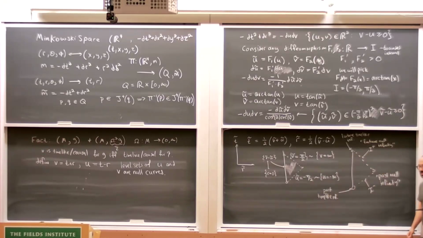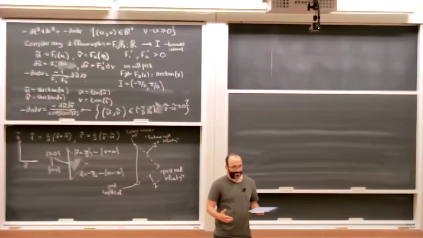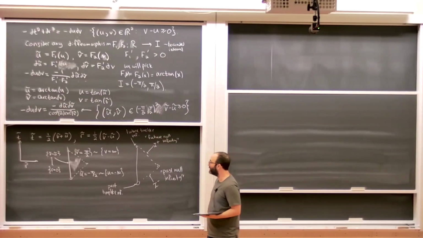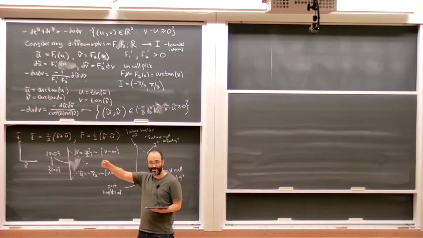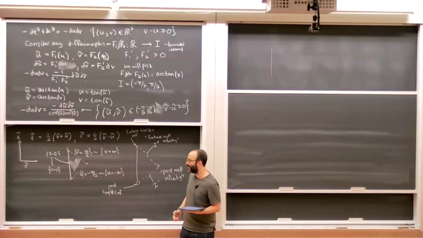Okay. And one thing that you can check, for example, these names are very suggestive. If you consider any null curve, let's say, for concreteness, take a null geodesic in Minkowski space and project it all the way to this diagram and draw it.